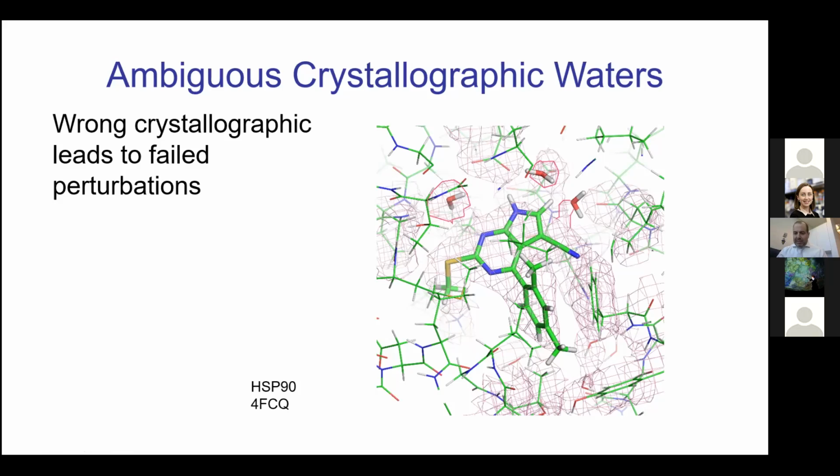Looking at the electron density, we can see that water molecules 1 and 2 have a very clear and defined electron cloud representing them, whereas water molecule number 3 looks like a contamination on the ligand, because it seems like something is growing out of the ligand. So maybe a contamination in the ligand resulted in electron density here that resulted in the placement of a water molecule.